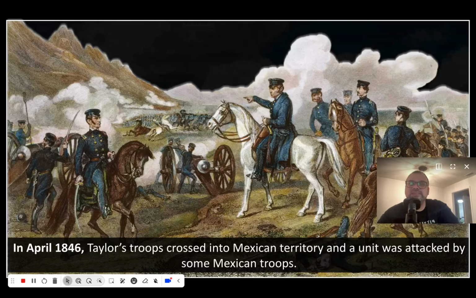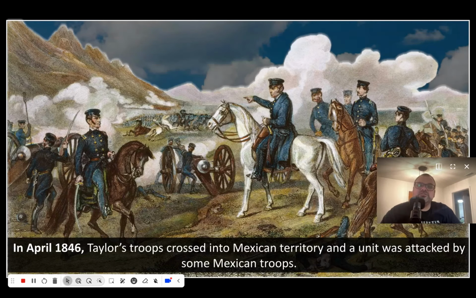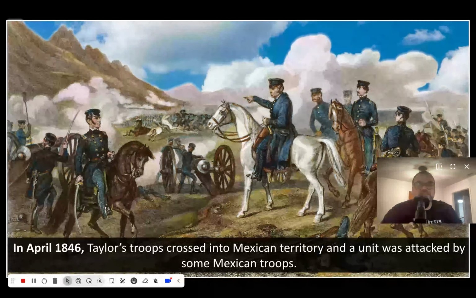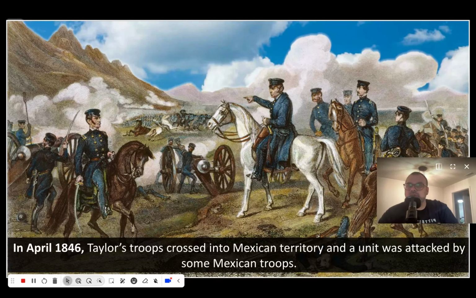So, in April of 1846, Taylor's troops cross into Mexican territory. Taylor's forces came to the Rio Grande River, came to Brownsville, and at one point went into what is today Matamoros, right? So even if we debate whether the border is the Rio Grande River or the Nueces, they went to Brownsville. That was disputed territory.